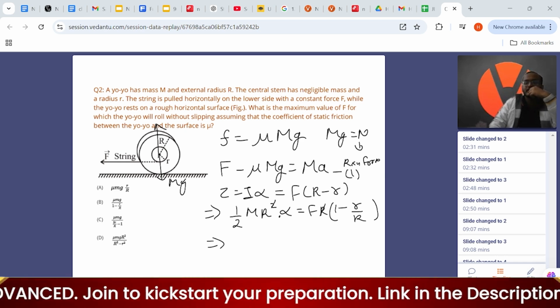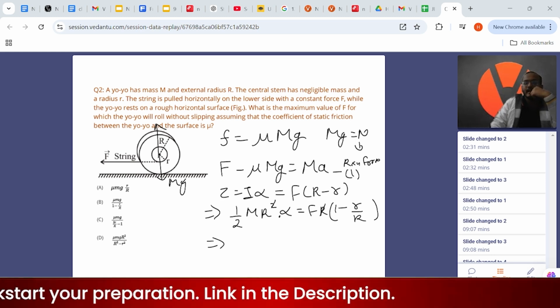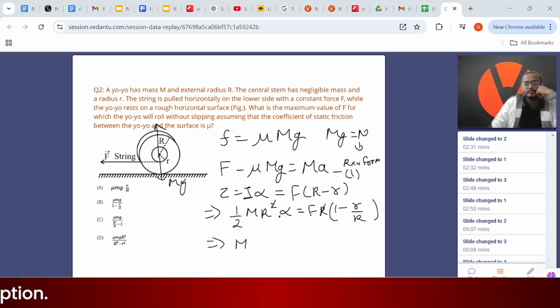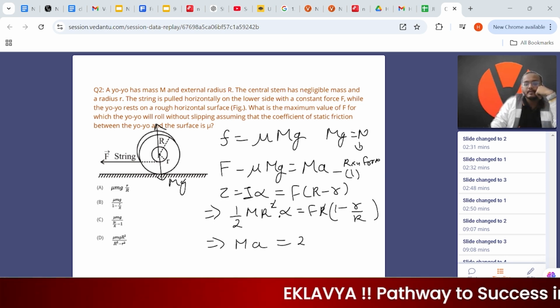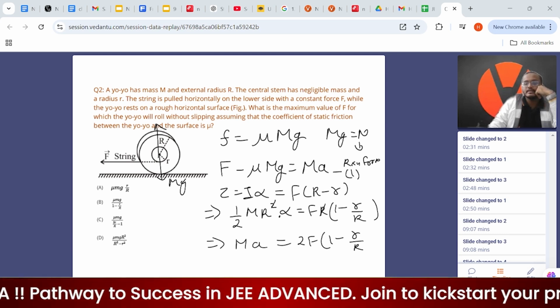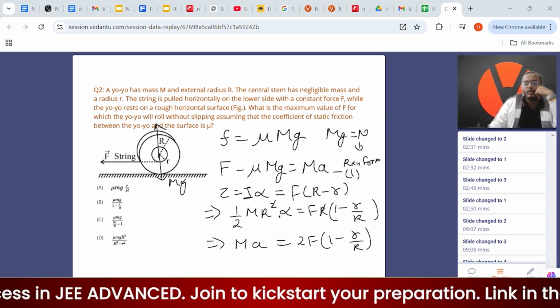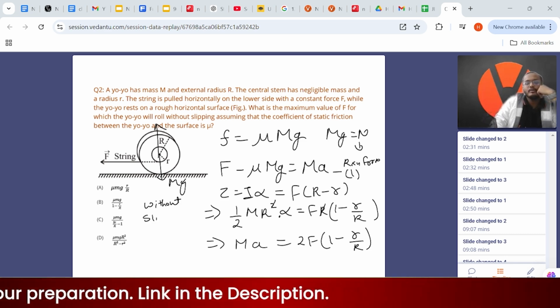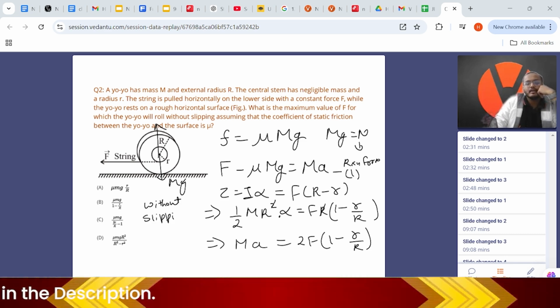your acceleration simply, right? And the value of ma we can put it here, so it will be m a equal to 2f 1 minus r by r. Why a? See, the condition is without slipping, right?